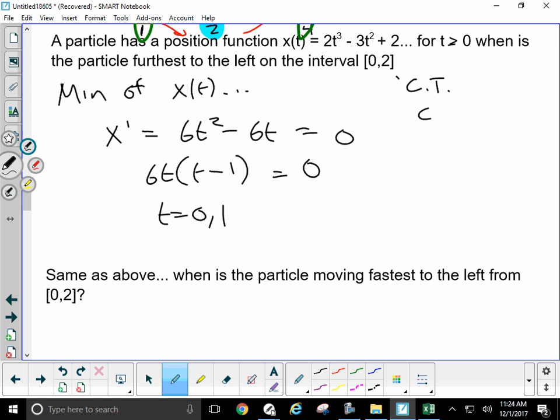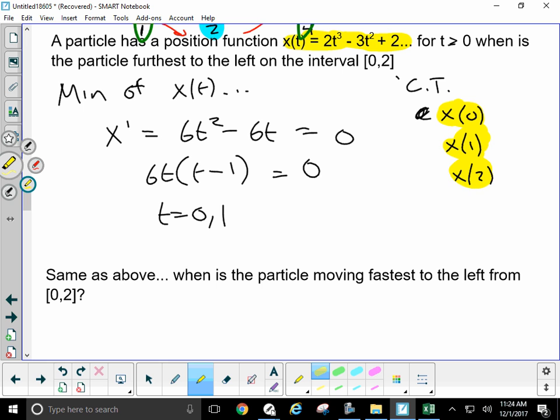And I'd say, okay, let's find and compare my position. Now, notice that I'm comparing my position. This is my y value. This would be going into this function, not into my derivative. My candidates test does not test derivative values, instantaneous rate of changes. It compares y values, which are, the function values are the actual positions.